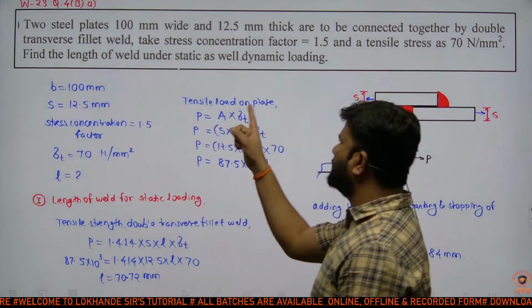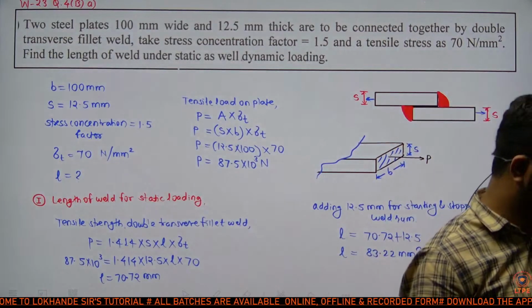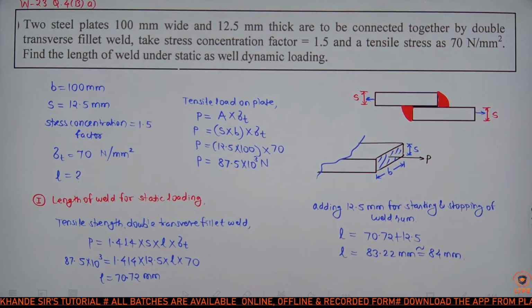Once given, find the tensile load on the plate P. This tensile load on the plate is nothing but the load on the welded joint.